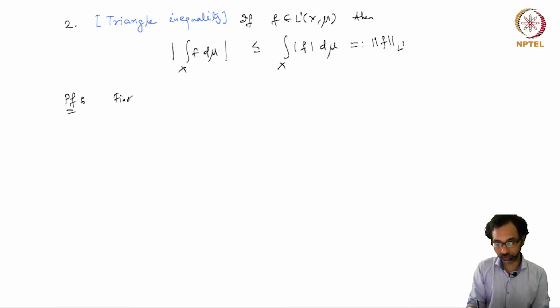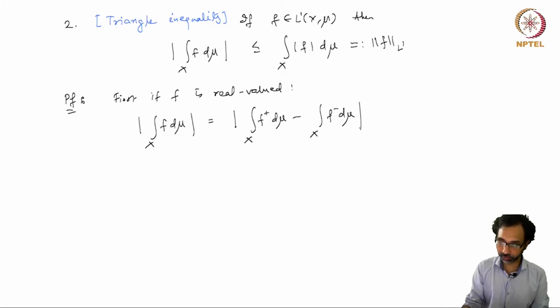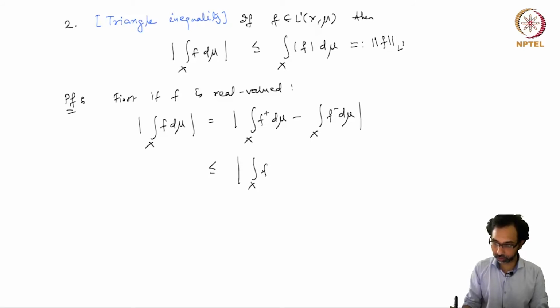So first, if f is real valued, then the modulus of the integral is nothing but the modulus of the integral of the positive part minus the negative part, and these are two real numbers, so this can be written as less than or equal to the integral of f plus d mu plus the modulus of the integral of f minus d mu.